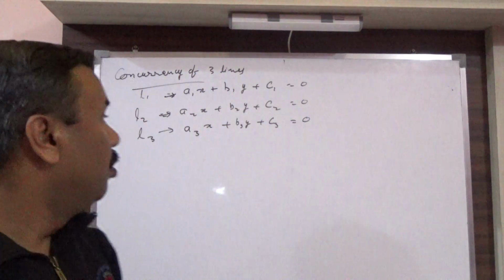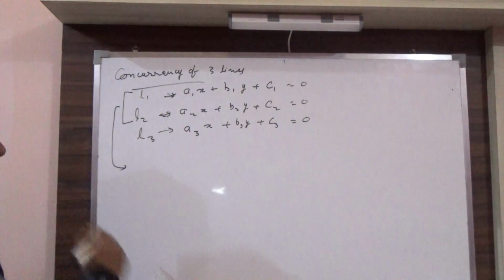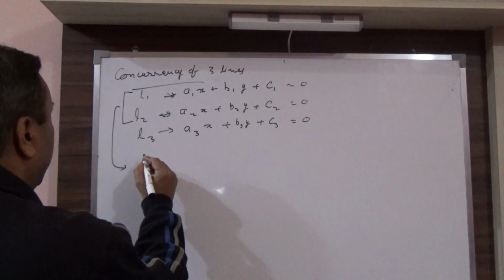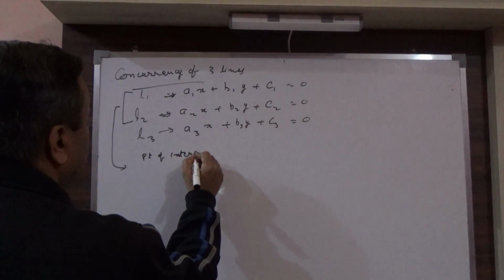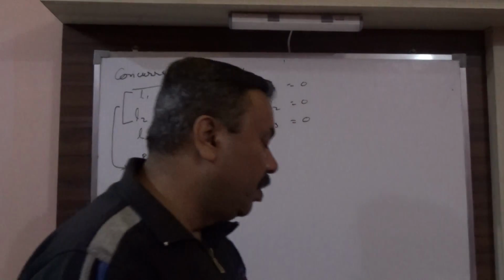Then only it is said that all three lines are passing through one point. Okay, so now for that purpose, I will take just L1 and L2. What will be the point of intersection? I have just given you the formula.